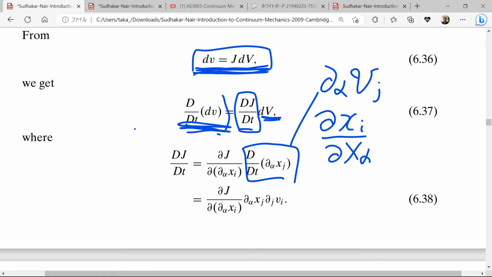Then we have partial Vj, partial xi, if we use a small xi as an intermediate parameter.